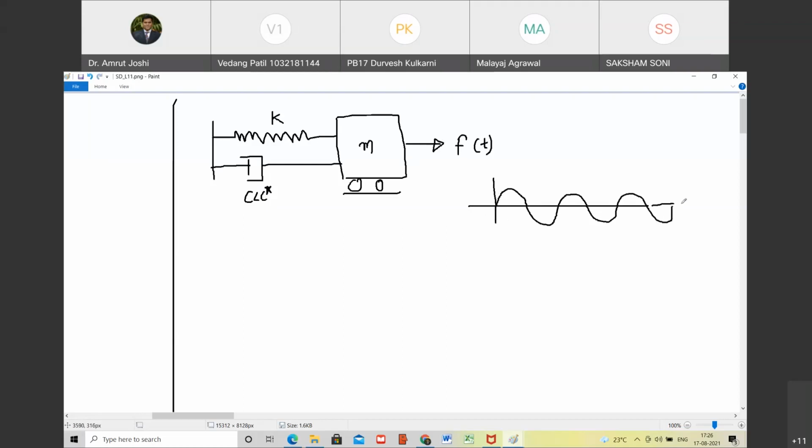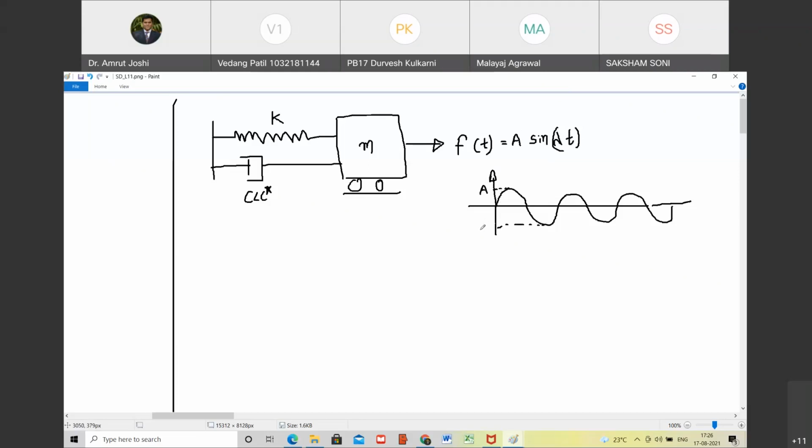Now, can you tell me how do I describe this force? This force will be described as A sine lambda t. So what will be this value? This value will be plus A. And what will be this value?